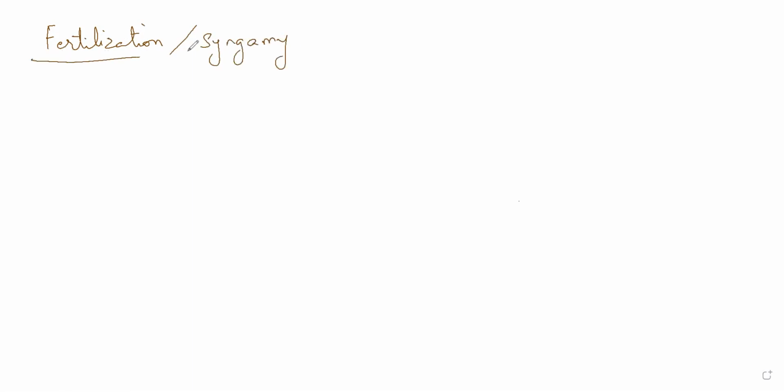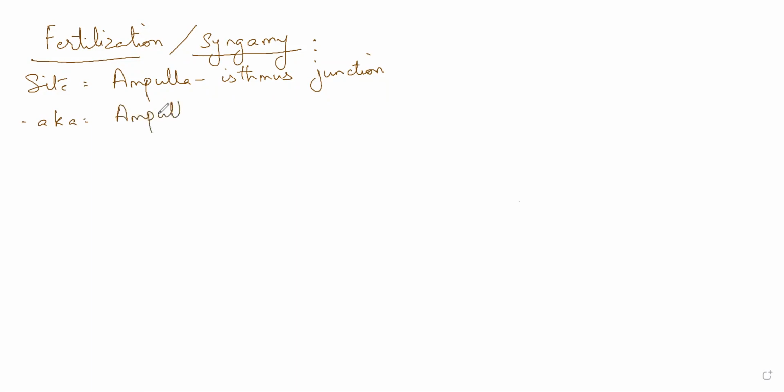We've already discussed the site of fertilization. The site of fertilization is the ampulla and isthmus junction, which is also known as the ampullary isthmic junction.